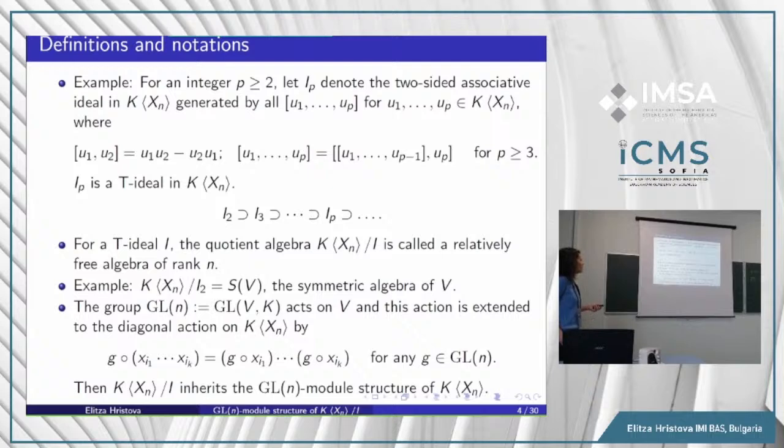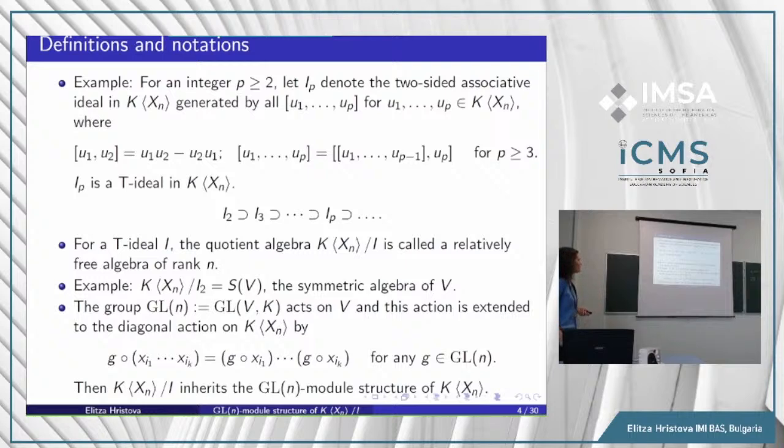And then the main object of interest in this talk will be the quotient algebra K⟨x_1, ..., x_n⟩ modulo a T-ideal I. It is called the relatively free algebra of rank n. And why is it called like this? It's because if we take all PI algebras that satisfy the identities from I, then this quotient will be the free object in this set.